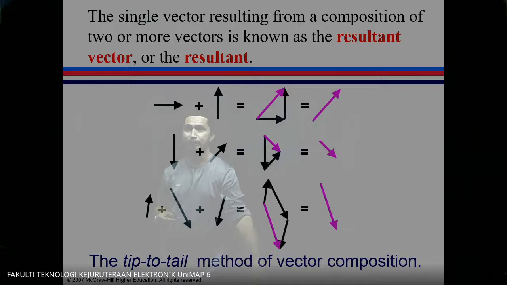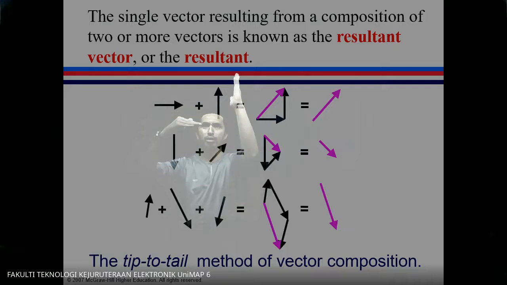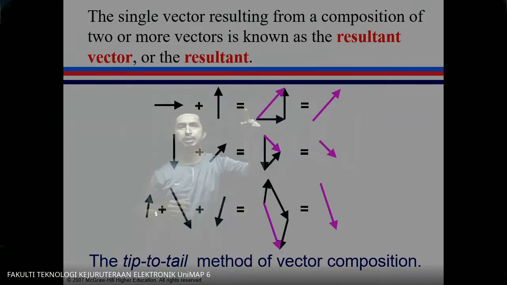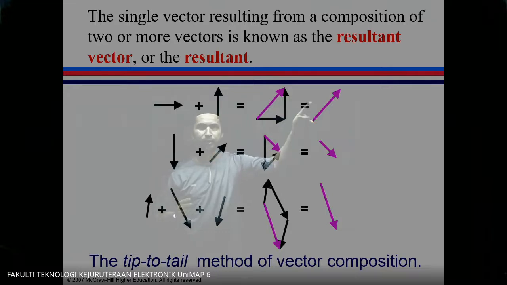This is like a resultant vector. When we have two vectors in different directions, one to this side, one to the other side, you just straight away draw another arrow, the purple arrow over here. This is the resultant vector.